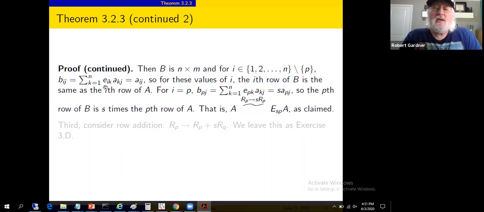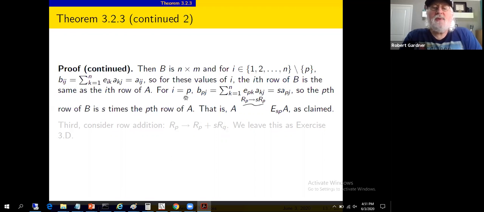We stayed away from the Pth row, so the only time that double subscripted e's are non-zero is when k equals i. So when k equals i, we get a 1, otherwise we get a 0. So over here, when k equals i, we'll get a sub ij. This is the formula for b sub ij. B sub ij equals a sub ij, same for all those rows except for the Pth one, as needed.